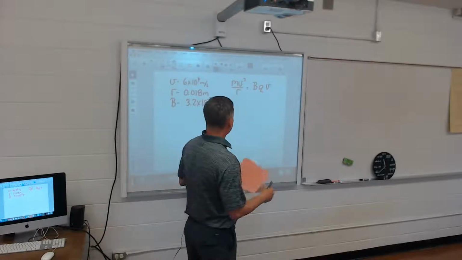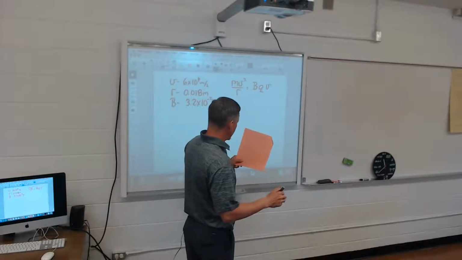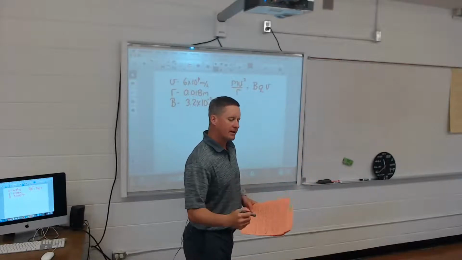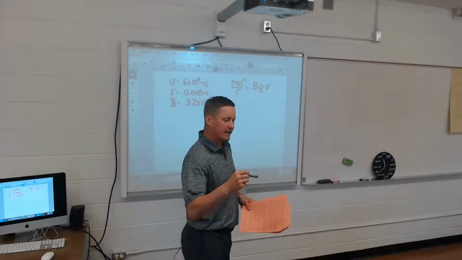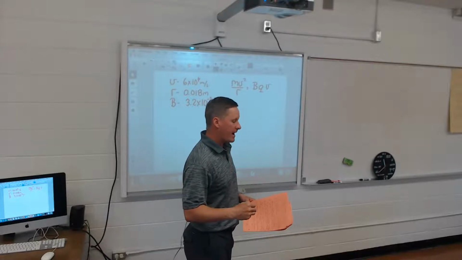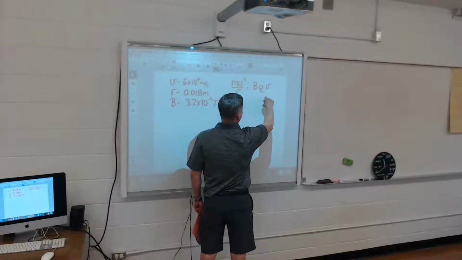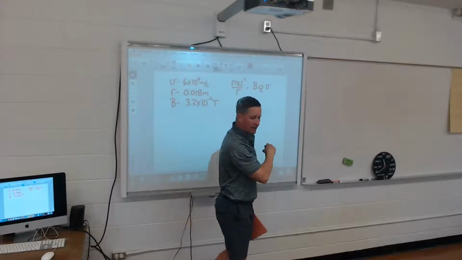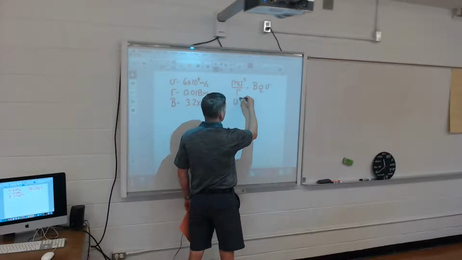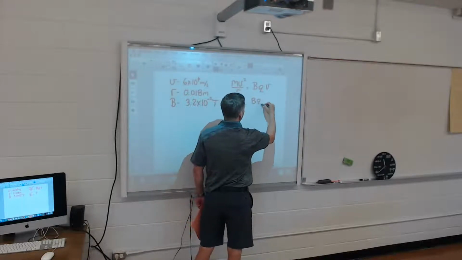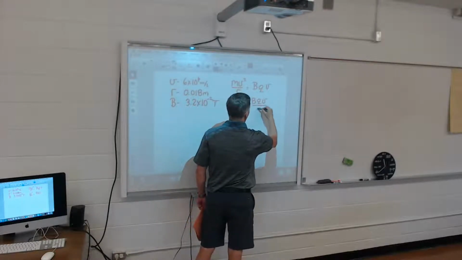Okay, so what I want is, it wants the charge to mass ratio. So on one side of the equation, I need to get the charge over the mass. So what I'm going to do first is I'm simply going to divide the mass down. So that's going to give me v squared over r equals BQV over m.